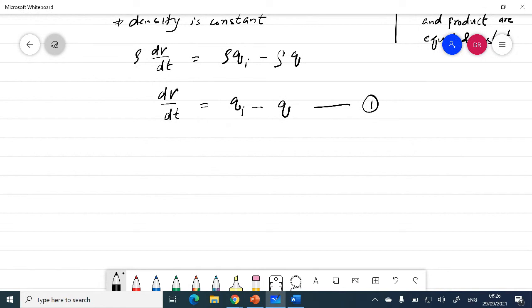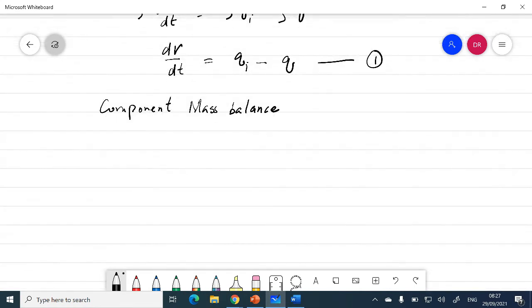Okay, so now let's go to the component mass balance, because here we have to write the dynamic model for concentration. For concentration or for composition, what is our starting point? Our starting point is the component mass balance. And what is the component mass balance?